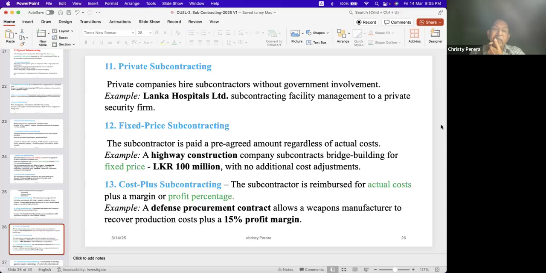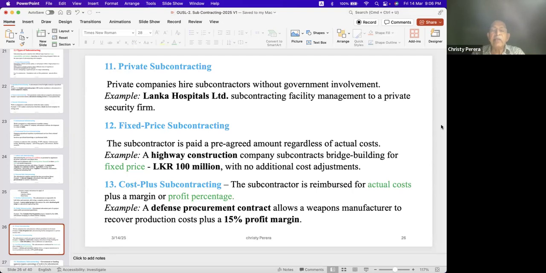No, but what I say is, Lanka Hospitals at that time, this is a private subcontracting. I'm going to explain. Lanka Hospitals was given to one famous consultancy company in Sri Lanka. I'm not going to tell the names. They subcontracted me, so actually I was a subconsultant.